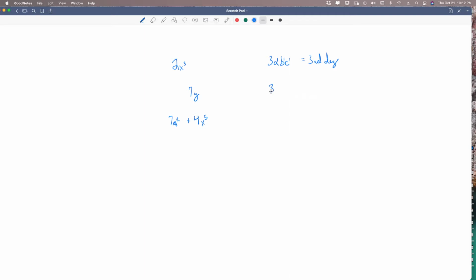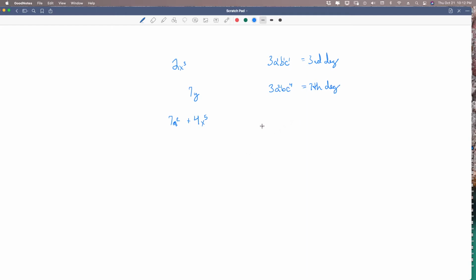If we had the same set of numbers and variables with different exponents, this would be considered a seventh degree polynomial.